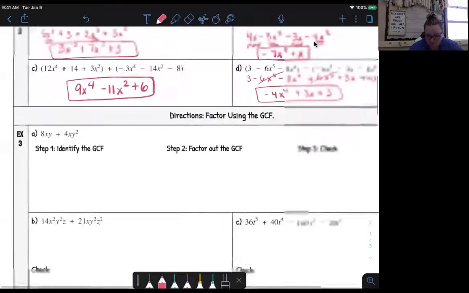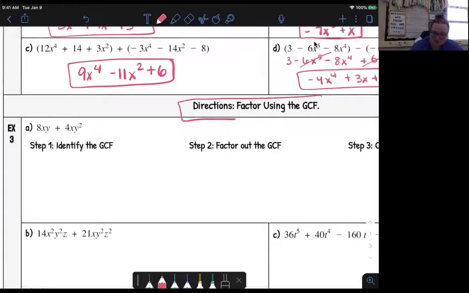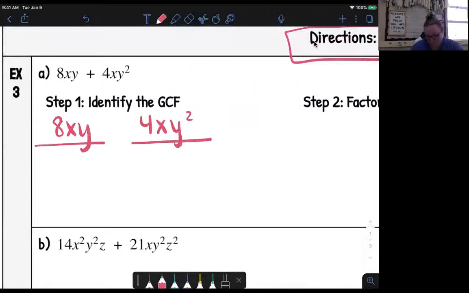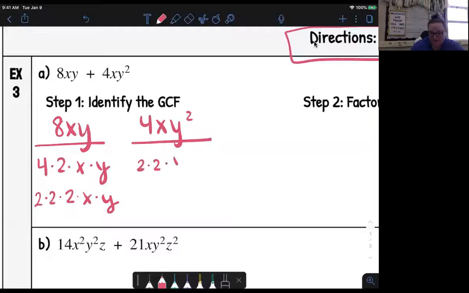So in example 3, we are factoring using the greatest common factor. All right, so 8xy and 4xy squared. Well, 8xy can be broken down to 4 times 2 times x times y. 4 can be broken down to 2 times 2, so we have 2 times 2 times 2 times x times y. 4 is 2 times 2, x times, and then y squared is y times y.